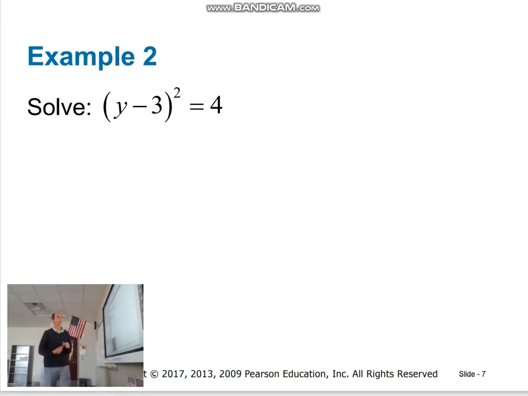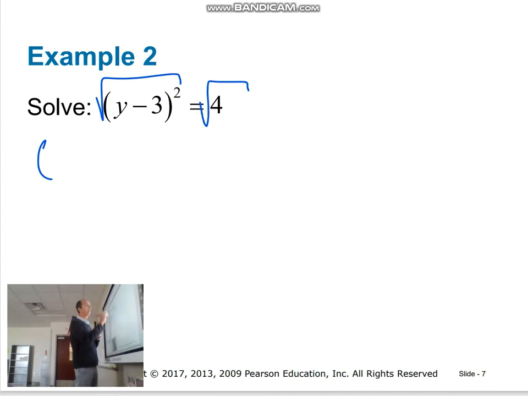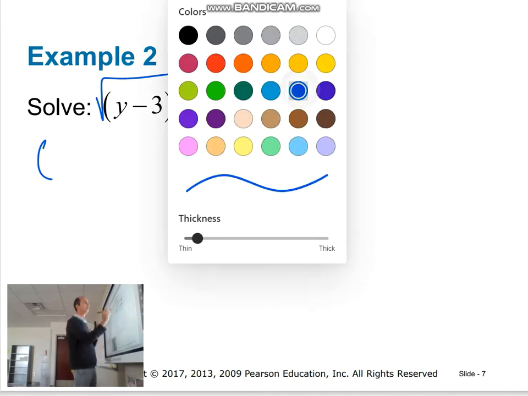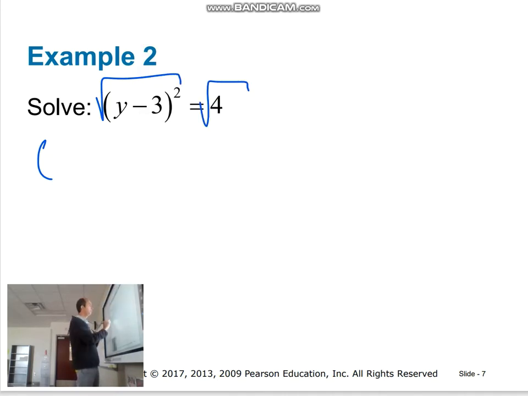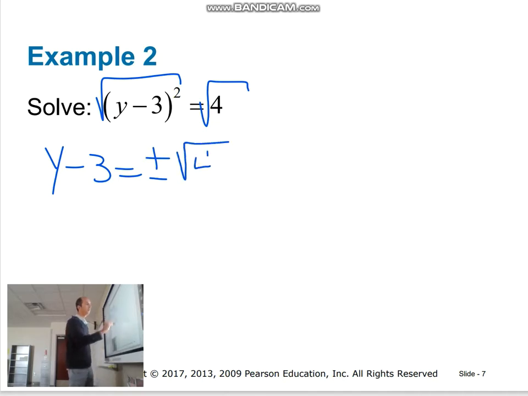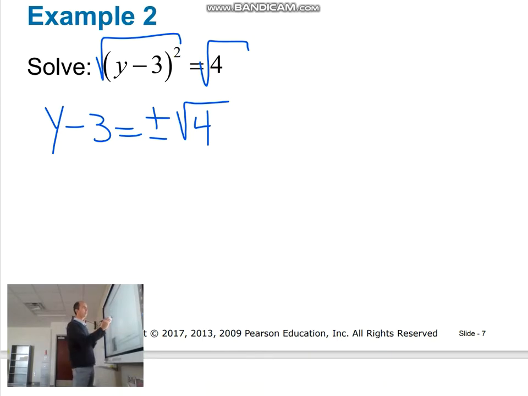Example number 2. Now we have parentheses y minus 3 squared equals 4. And it's kind of the same way you solve it, because you can apply the square root here, but you have to remember the rule. The number can have two square roots. So y minus 3 equals positive or negative square root of 4. Okay? And this is positive or negative 2.